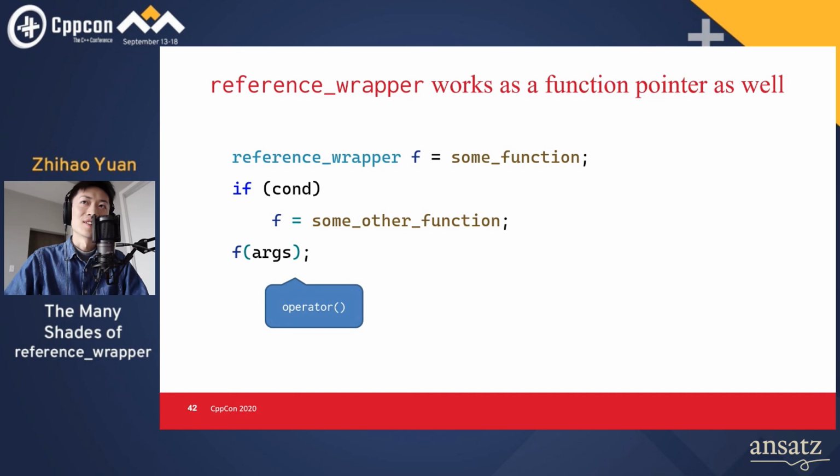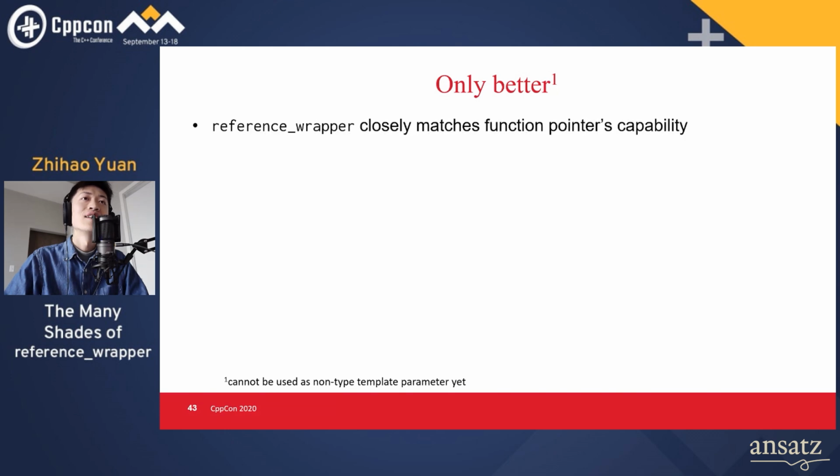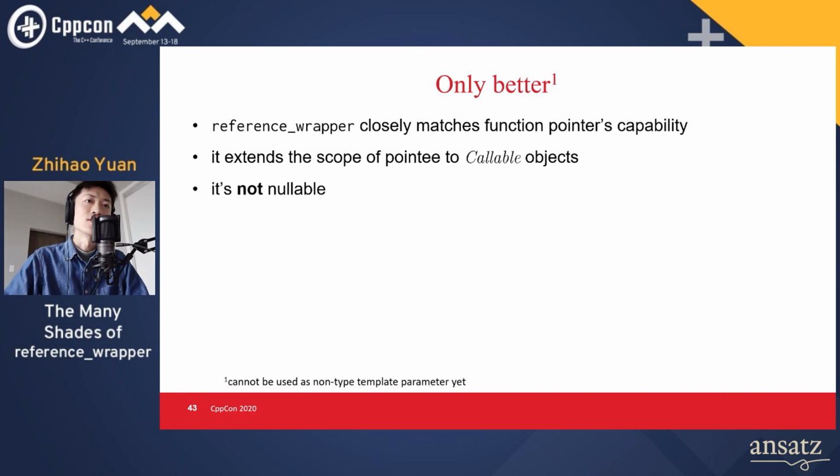Reference wrapper works as a function pointer as well, only better. Because again, we made it closely match function pointer's capability. And reference wrapper extends the scope of pointing to callable objects, not only functions. And it's not nullable.